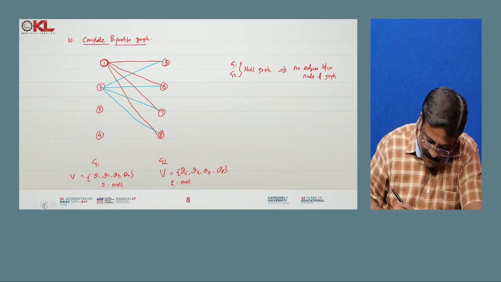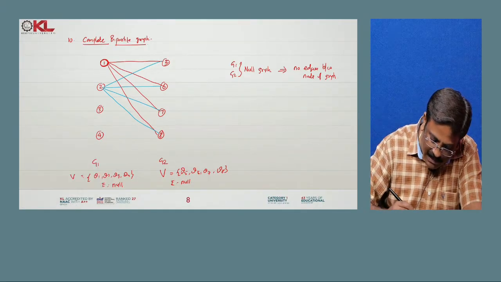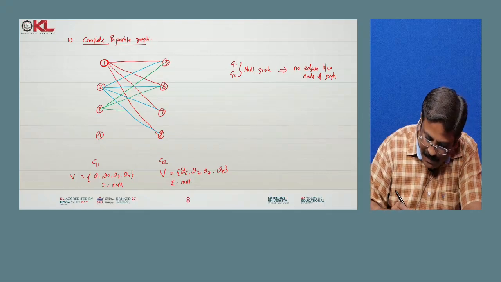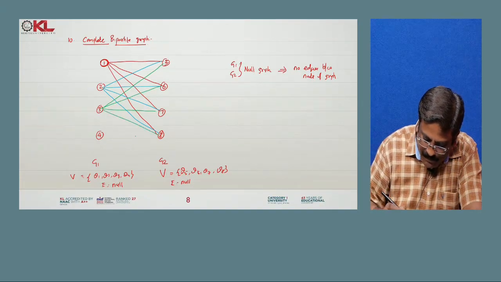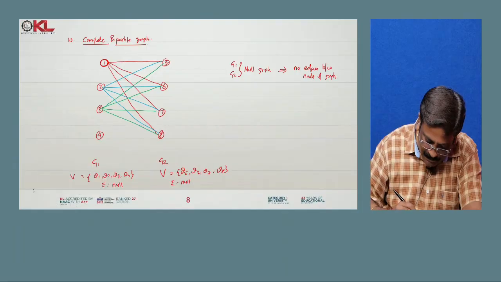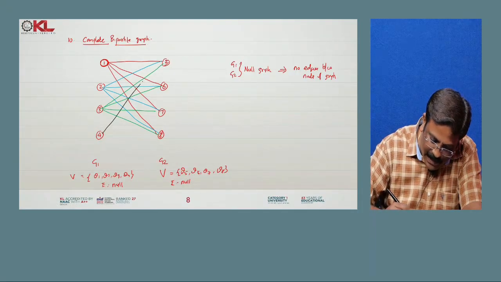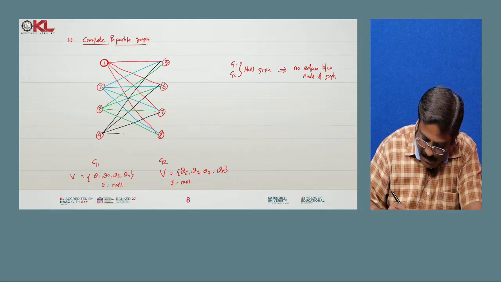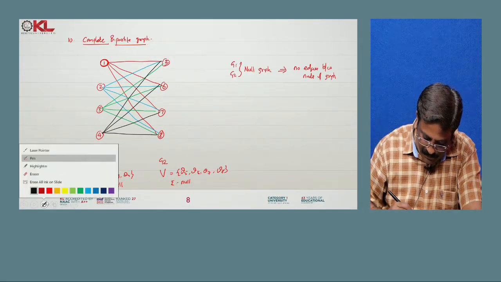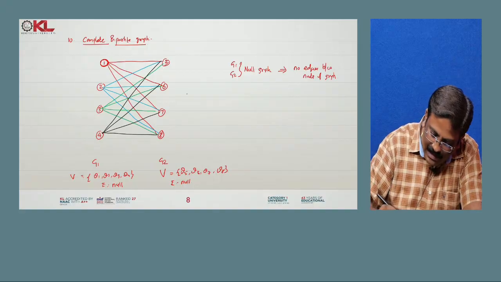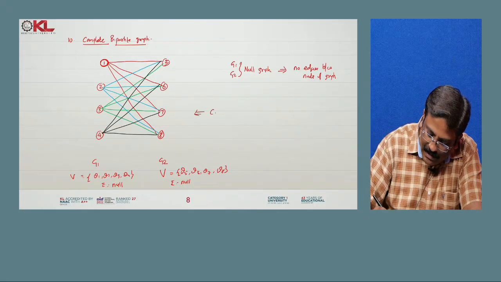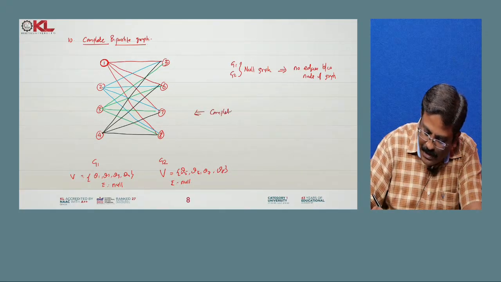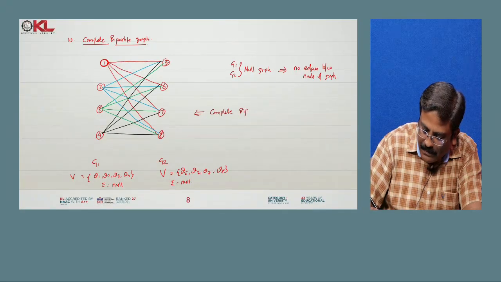If I take 3, these might be the connections existing for 3. If I take 4, these might be the connectivity for 4. So this is called a complete bipartite graph.